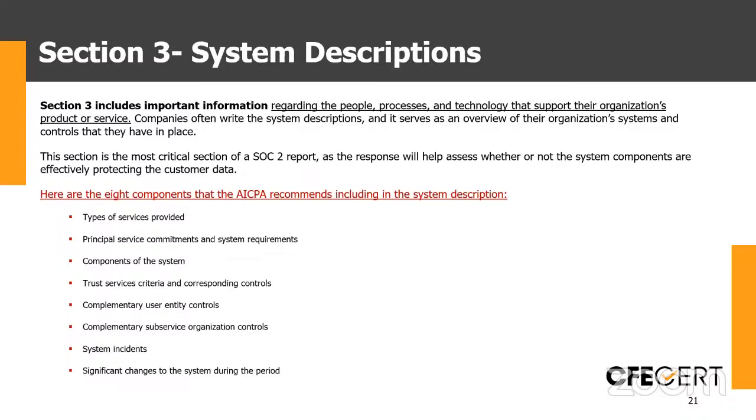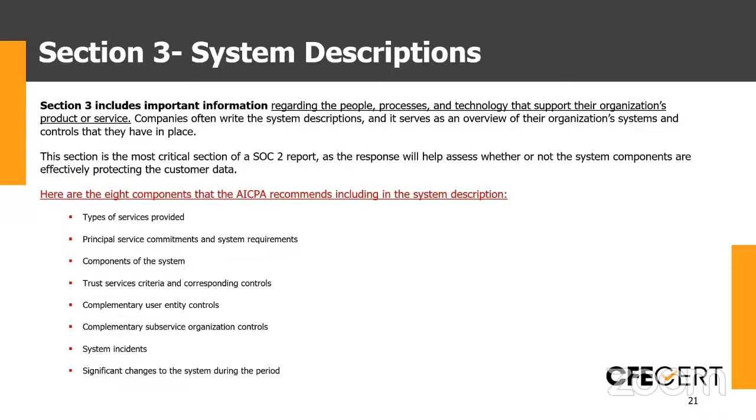And complementary sub-service organization controls are the controls which the sub-service organization should have. So let's say I hosted my IT infrastructure on Amazon, then it's Amazon's responsibility to have appropriate physical security controls for the servers, appropriate logical security controls for the servers, and so on.